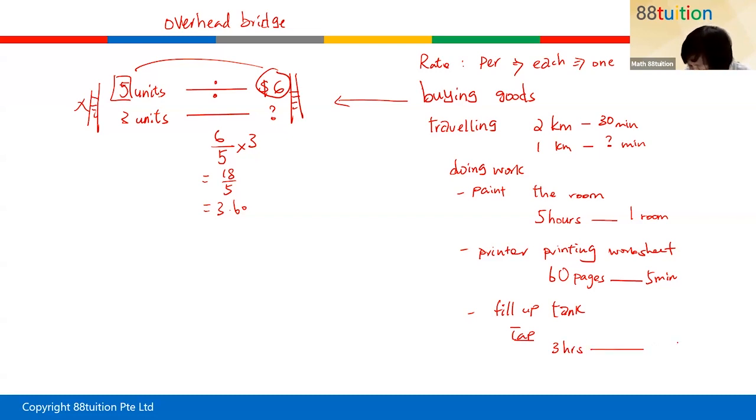Then it will fill up one tank. Wow, the tank must be very big, oh. Take 3 hours just to fill that. Then we also have building toys. You know what I call building toys? Like Lego lah. Building Lego toys. All these are examples and we need to look at it today lah. Can?